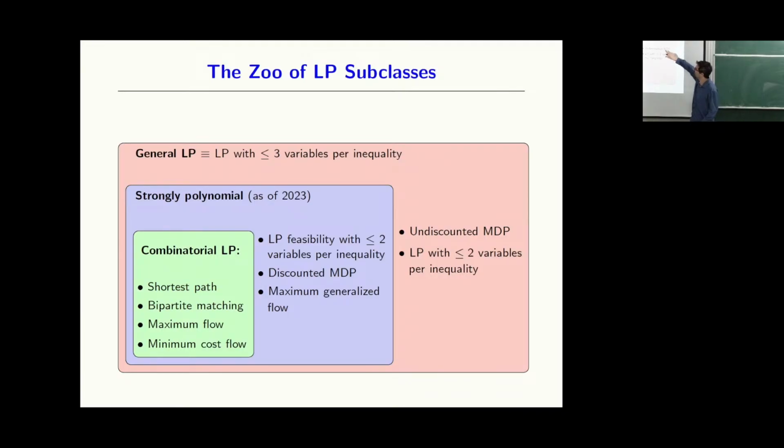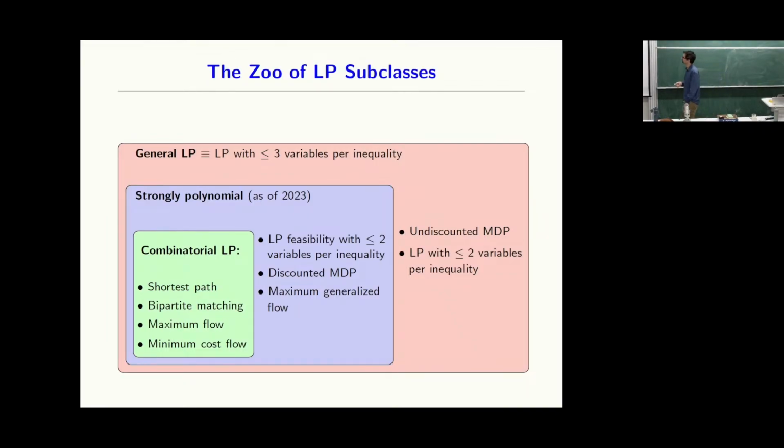But it is worth noting that if you're trying to parameterize linear programs by how many variables appear in each inequality, the moment you go to linear programs with 3 variables per inequality, you essentially are able to model all linear programs, in the same way as when you reduce k-SAT to 3-SAT.